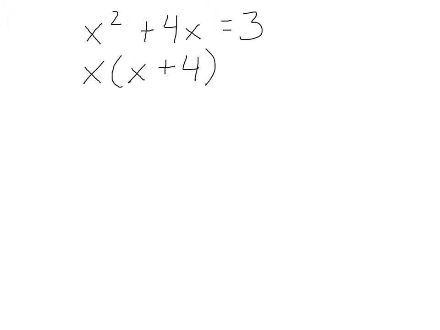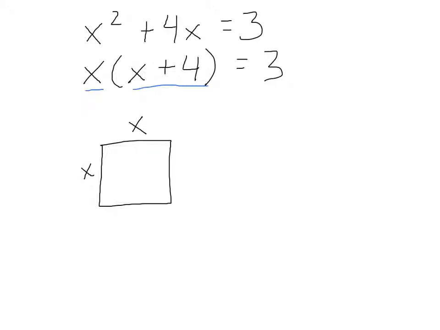X times x plus 4 equals 3. Visually, what we have going on is a square that is x inches by x inches. And since we have x times x plus 4, really what we have is a rectangle that is x by x plus 4 inches. And the area of that rectangle is 3 square inches, we'll say.